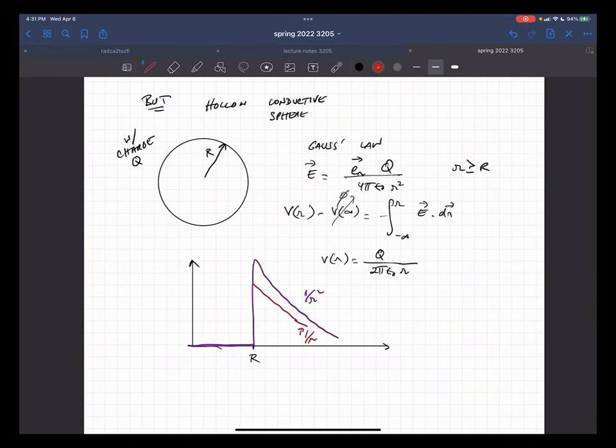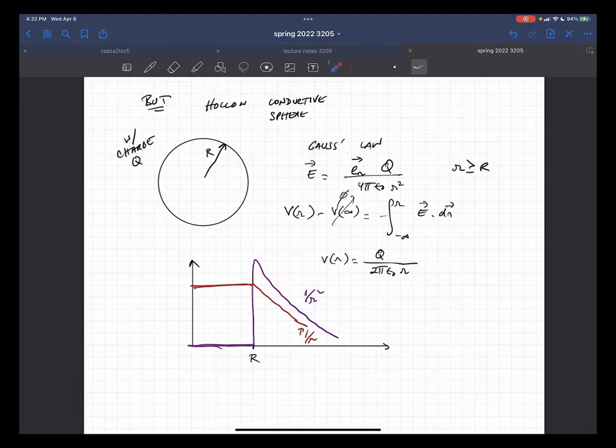But note that it doesn't go to 0 when you go inside the sphere, it just stays constant. So you'd get basically a constant potential anywhere inside as you go into the sphere.